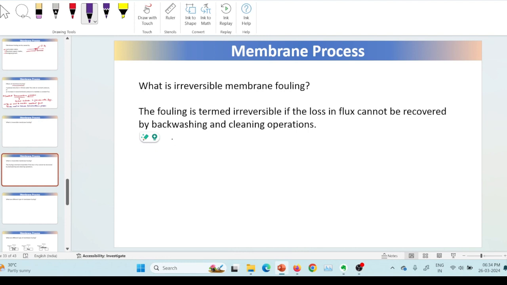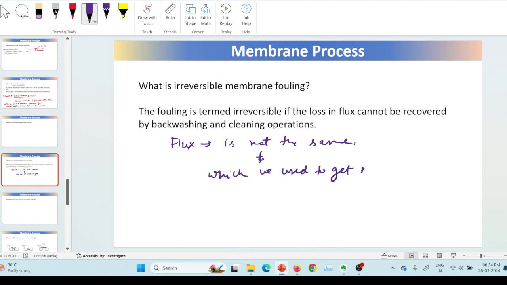The flux is not the same which we used to get initially. The flux will not increase. In most cases the flux will decrease.